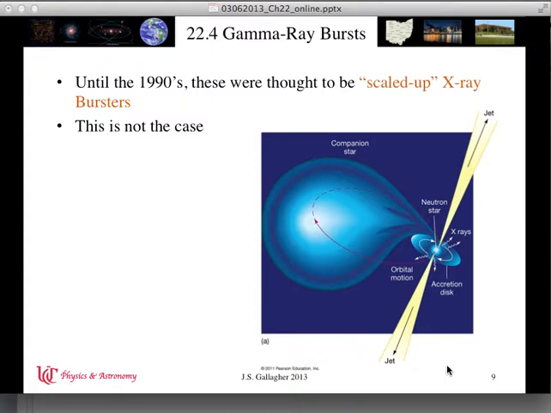If you remember the X-ray bursters, this is when you have a neutron star orbiting a companion star, and when the neutron star starts gobbling matter from the companion star, it can give off high intensity radiation in the form of X-rays along jets. Okay, we have these X-ray bursters. And what we were seeing in these gamma ray bursts were much more energetic, but we figured they were just, as I say here, scaled up X-ray bursters. We now know this is not the case.